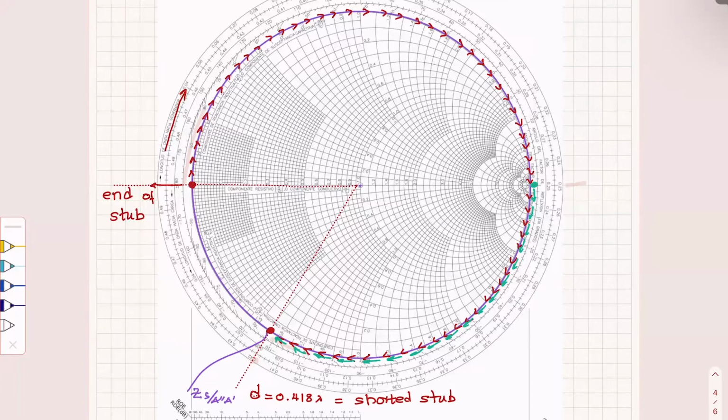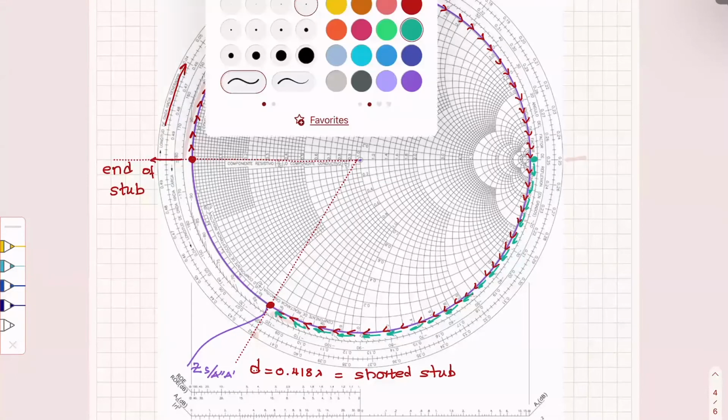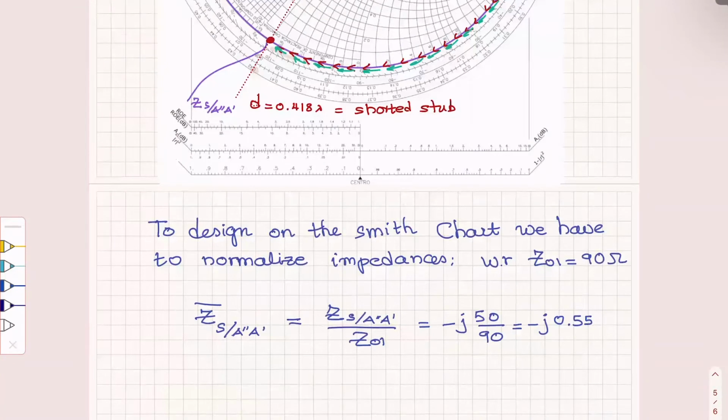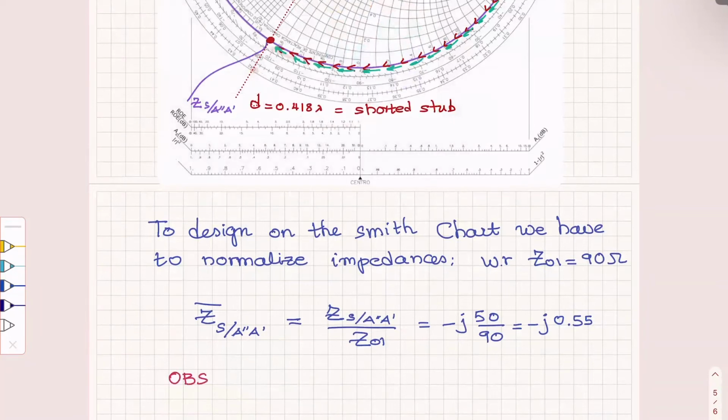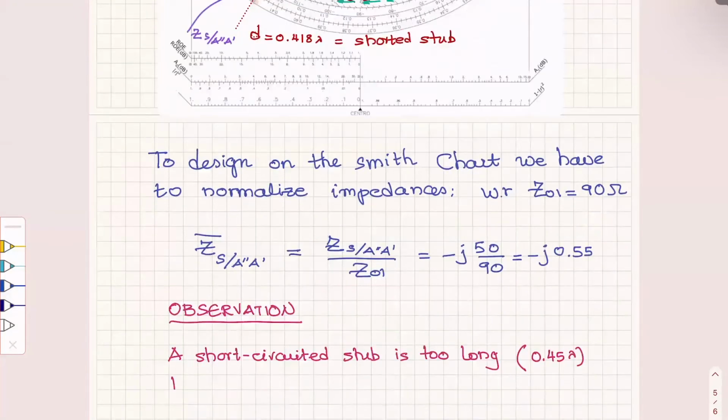So what you observe from here, I'm going to write it as an observation. A short-circuited stub is too long to be incorporated in a real design, in a real circuit.